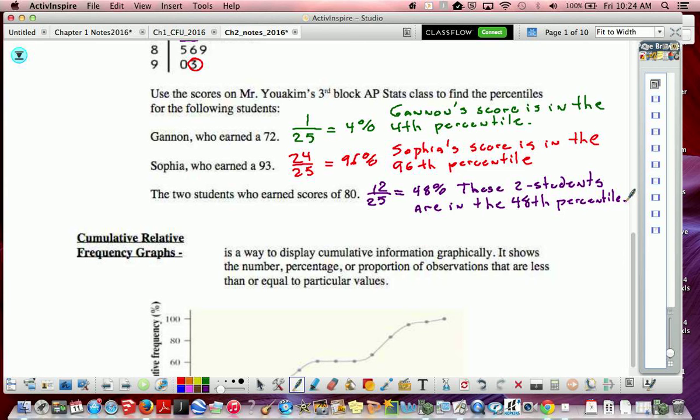I took Sophia to her doctor appointment for her 5th. When she was 5, they gave her her height and weight, and they gave me her percentiles. So you can kind of start to tell, ooh, she's tall for her age group, or she's very heavy for her age group, or she's very light. Okay? So percentiles are a great way to compare yourselves to other people.